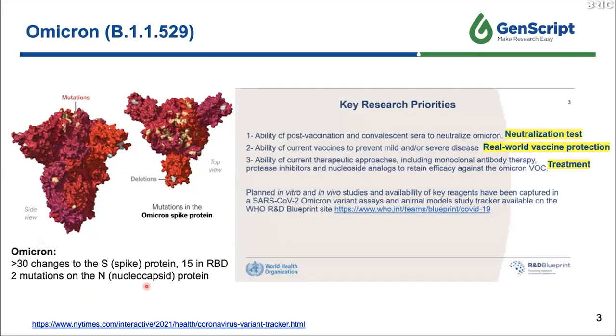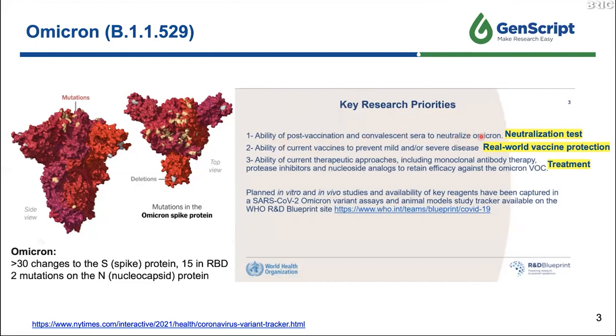Next, I would like to share the key research priorities identified by the WHO, so that we can come up with solutions to tackle this new variant. The first research priority is to evaluate the ability of post-vaccination and convalescent sera to neutralize Omicron.